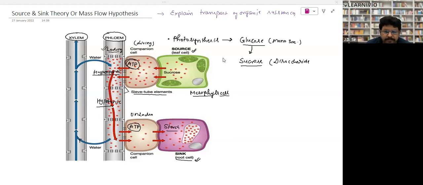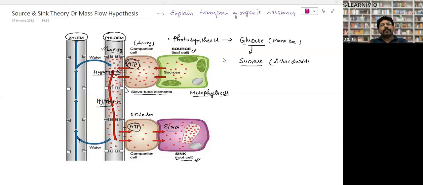Next point. The food, or sucrose, is now transferred to the sieve tube element from the companion cell. Full stop.